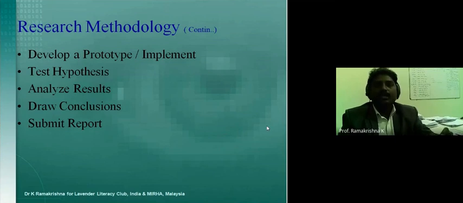For that, you have to test the hypothesis based on certain metrics. Every research will have certain metrics to be followed while you are testing the results. Once you test the hypothesis based upon certain parameters, the metrics, you have to analyze whether the results have met the objectives you defined or not. And then you have to draw the conclusions out of the research work you carried out in the different phases. Of course, you will be submitting a report.